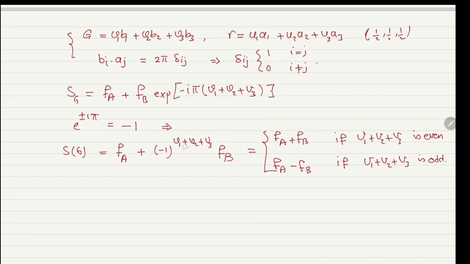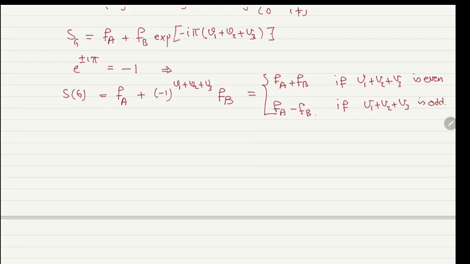Now, if the sum is even, this will be positive, so the answer will be f_A plus f_B. If the sum is odd, the answer will be f_A minus f_B. Notice that the intensities of the diffracted waves are proportional to S_G squared.